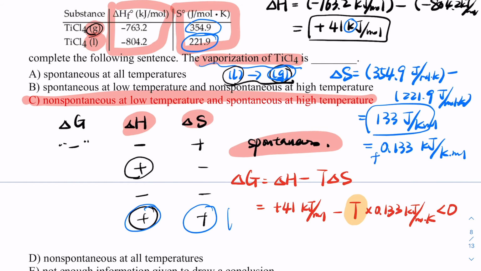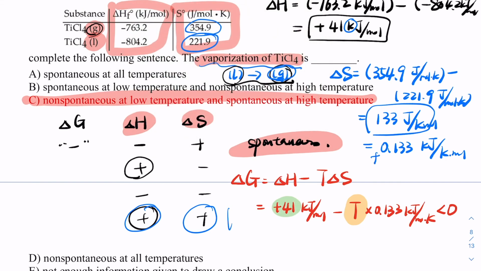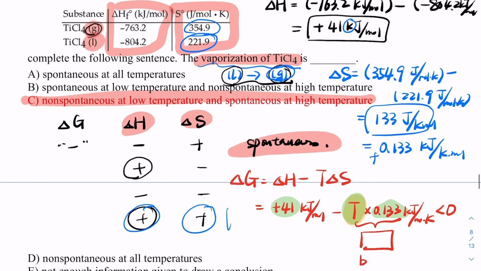From this point you could do a calculation, but not necessarily. We need it to be smaller than 0, and we have 41 and 0.133. So 0.133 times T, the product, needs to be bigger than 41.